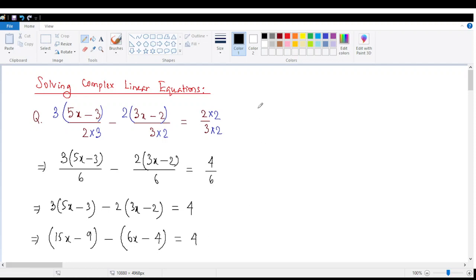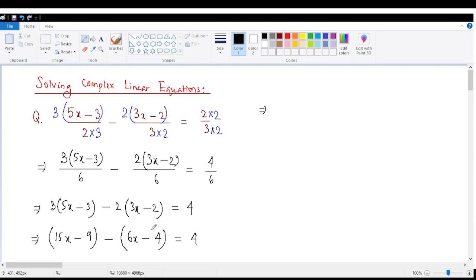Now the next step will be to remove the bracket. When you are removing the bracket, remember, if there is no sign before the bracket, or a positive sign, none of the elements will change their respective signs.